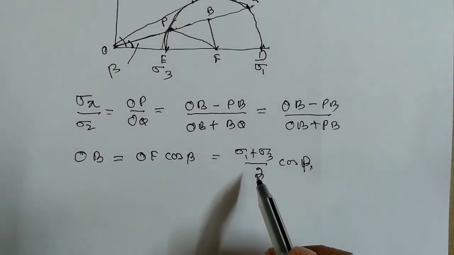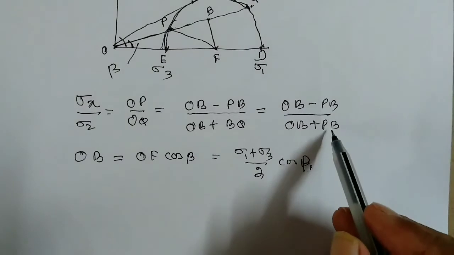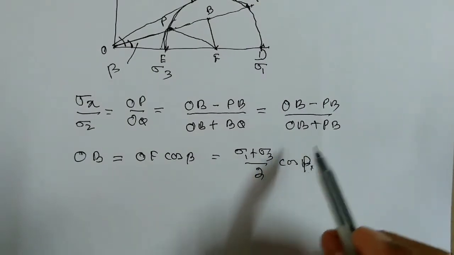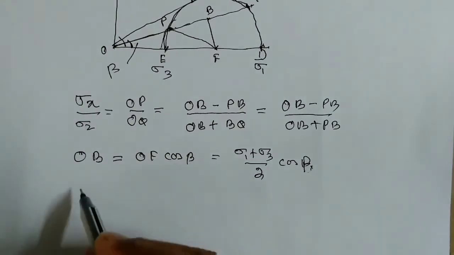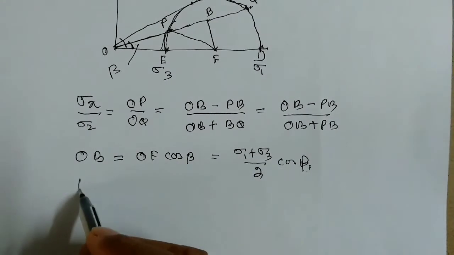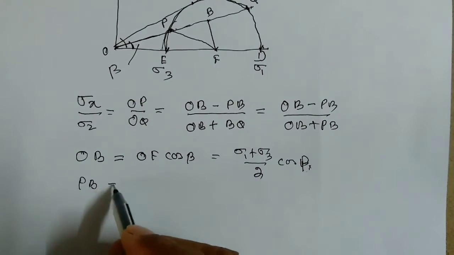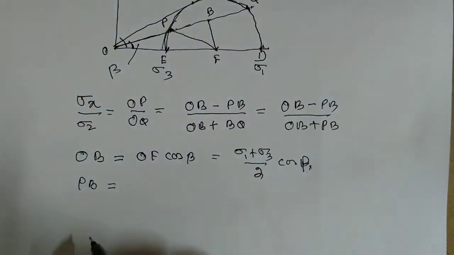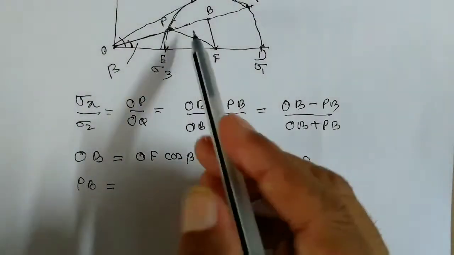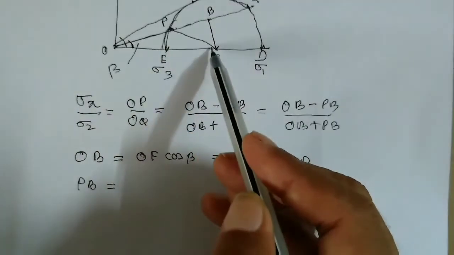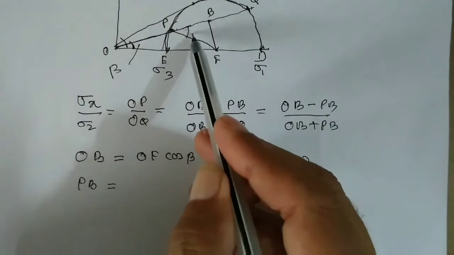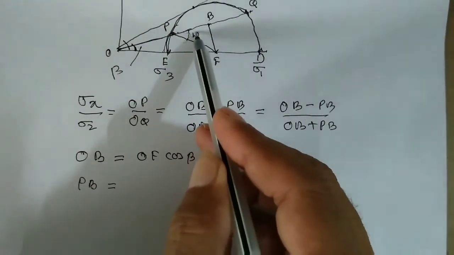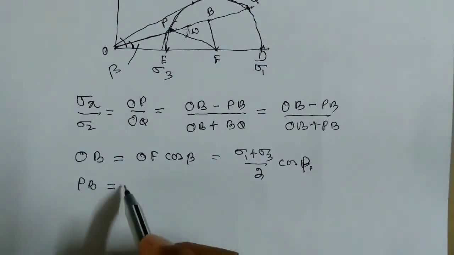Similarly, we'll try to express PB in terms of sigma 1 and sigma 3. So PB is equal to cos of some angle. Let this angle be omega.